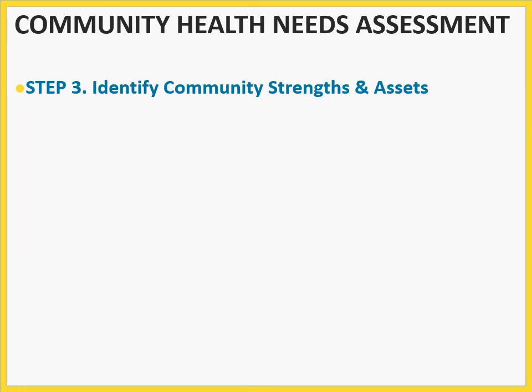The third step in conducting a community health needs assessment is identify community strengths and assets. In step 3, you figure out what assets are available to successfully respond to community needs.